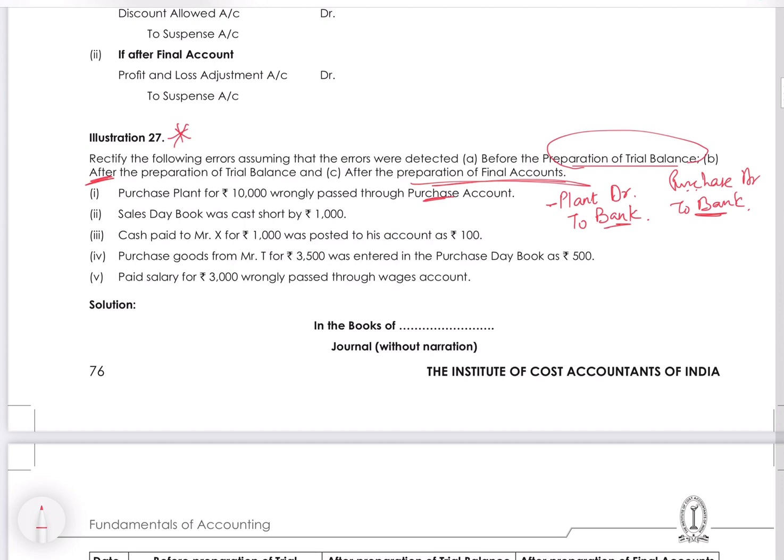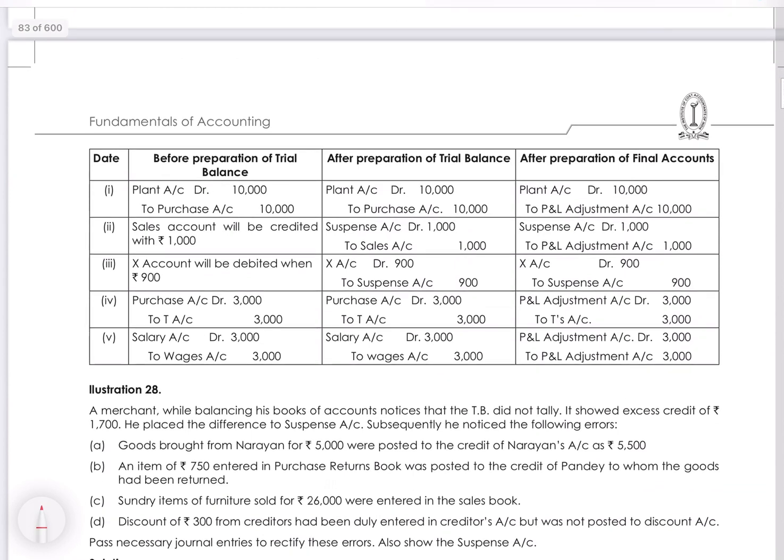Now this is at what level? Before preparation of trial balance. Before preparation of trial balance, ledgers are still open. That is the reason we will pass the entry impacting the ledgers directly. So what will it be? Plant account debit to purchase account 10,000. Correct.